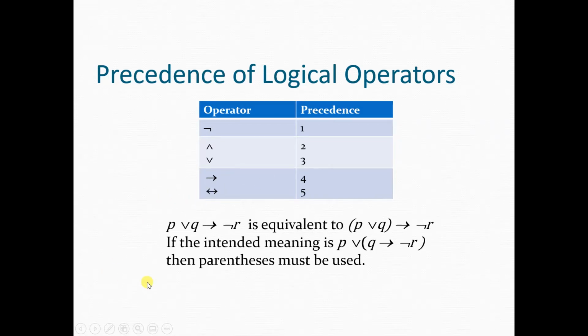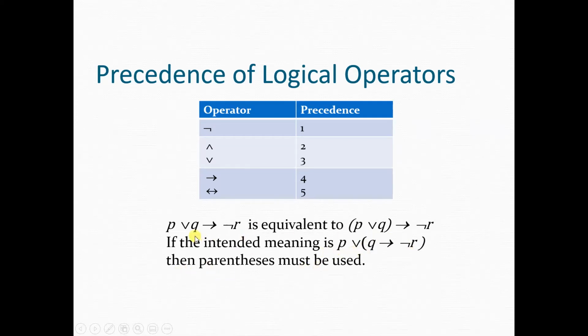Now here is an example of how the order of the operators can change the meaning of a compound proposition. If we see a compound proposition written in this form, P or Q implies negation R, we actually consider it as (P or Q) implies negation R. If the intended meaning is P or (Q implies negation R), then parentheses must be used.